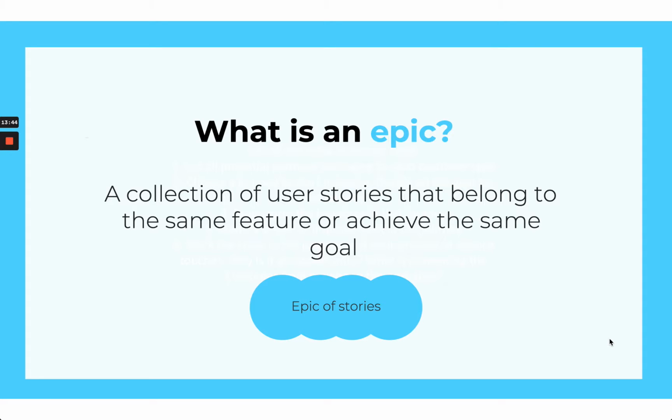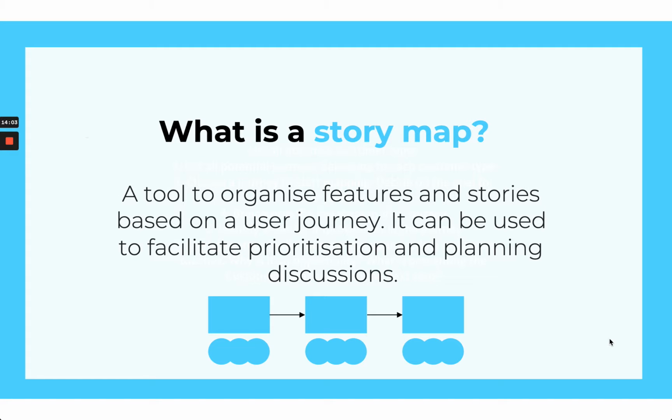We will use Epic here as well. An Epic is a collection of user stories that belong to the same feature, or are related to each other, or achieve the same goals. It's more like a wrapper around stories that are very relevant to each other. And then we have Story Map, which is a tool to organize all the features and the stories based on the user journey that we have for our customers.